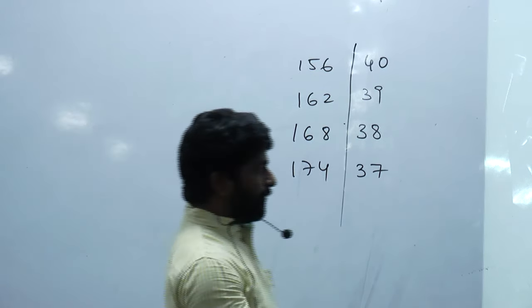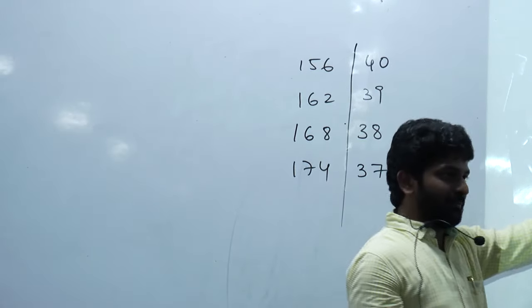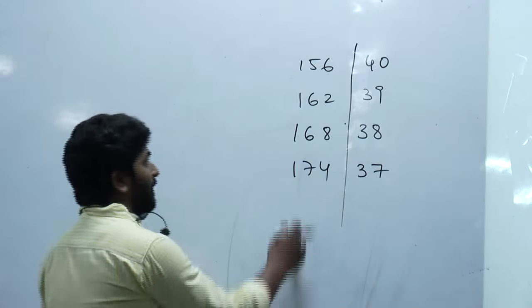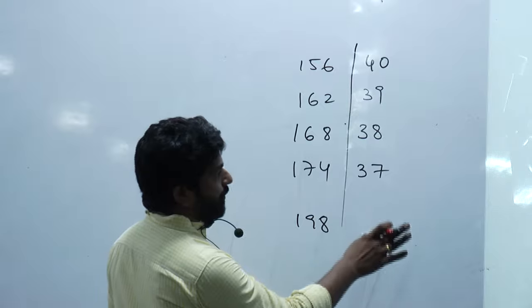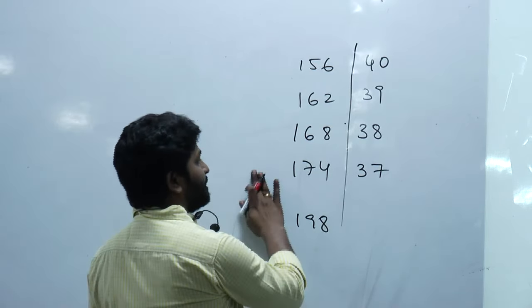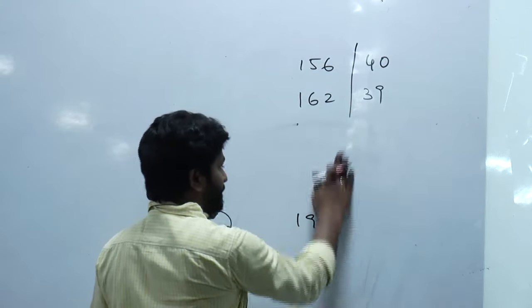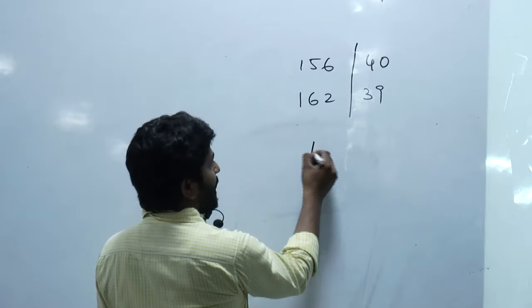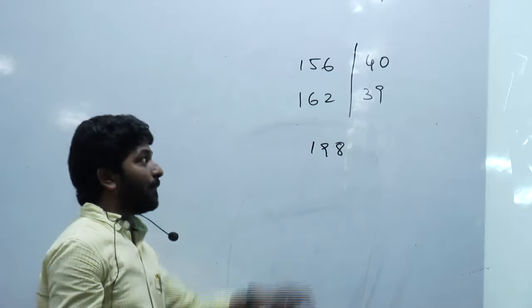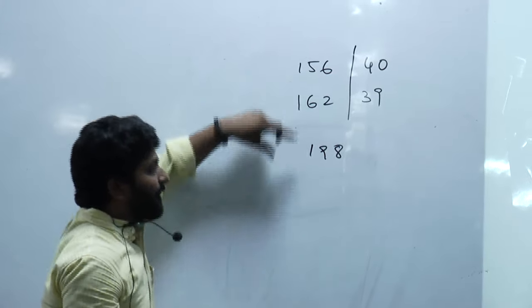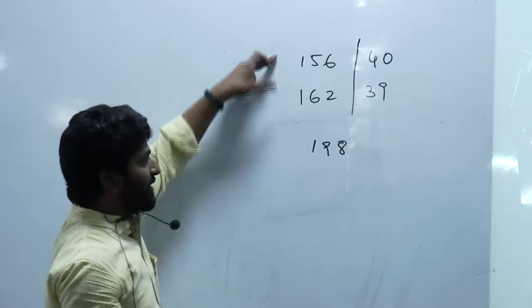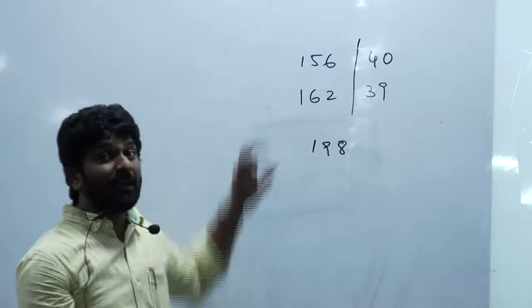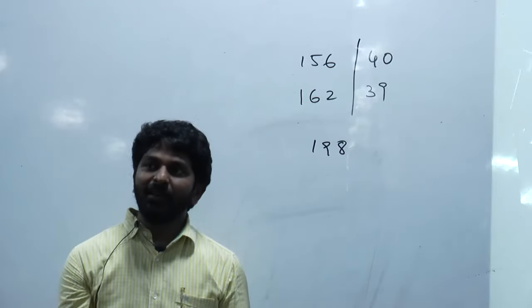Wait. What is the selling price now in this case? 198. Do you have 174? No. Right. From 156 to 198, what is the difference? 42. How many 6s will be there? 7.